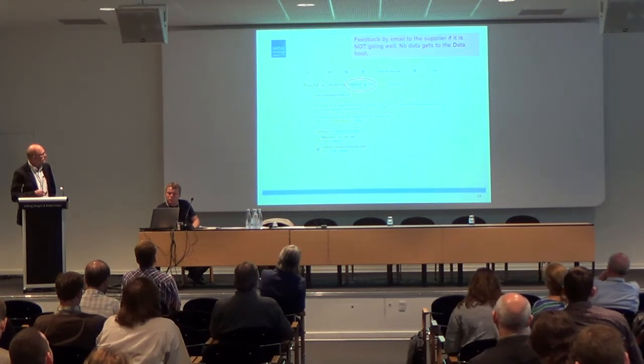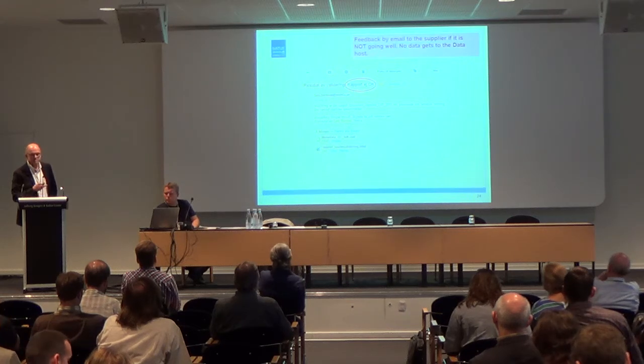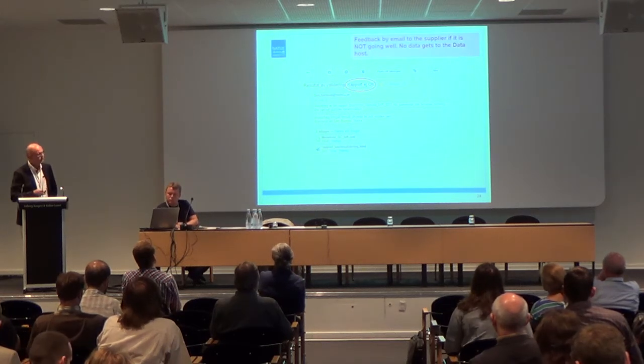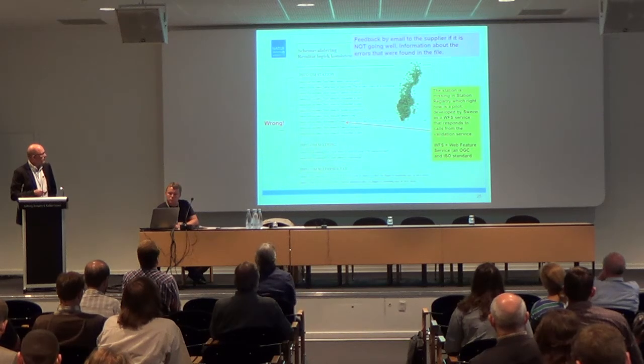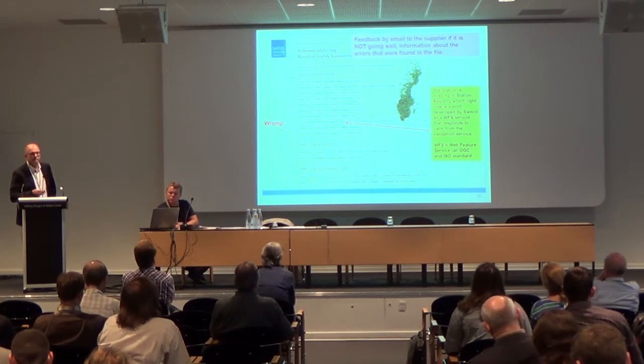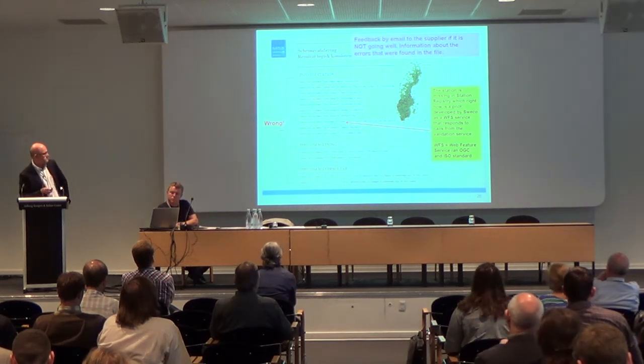If it's not okay, you just get a message in HTML format saying that this wasn't okay and what has gone wrong. In this example, there was a station missing in the station dictionary. So this is the feedback. Not just one station, I think it was 10 stations missing.